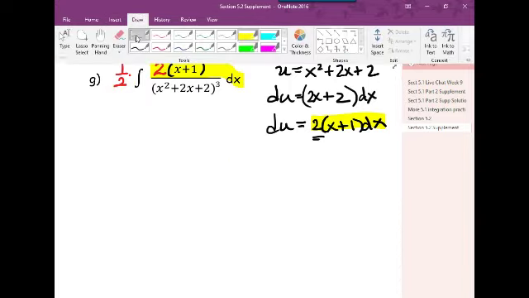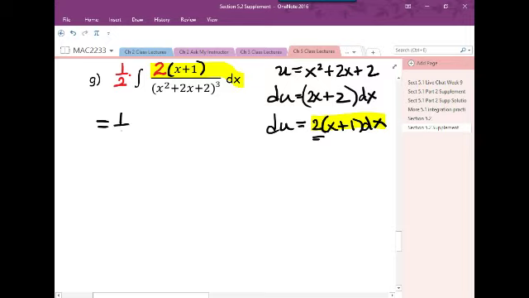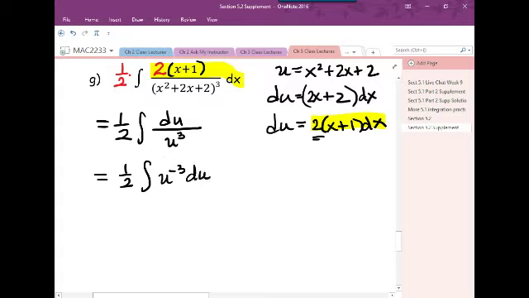So we're going to say 1/2 the integral of du over u to the 3rd power, and now we change that to a form that we know how to integrate. We put the u into the numerator by changing the sign of its exponent. So we have u to the -3rd du.